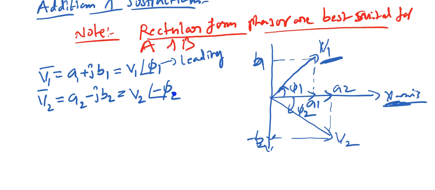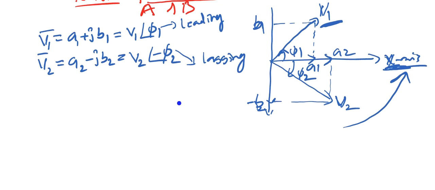If we get minus phi 2, it means the vector direction is going in the clockwise direction, so with respect to the x-axis, my V2 is lagging by some angle. That phi 2 is the lagging angle of V2 with respect to the x-axis, so I can say it is lagging. So if you find a plus or minus angle, you will be able to understand whether the quantity is leading or lagging.